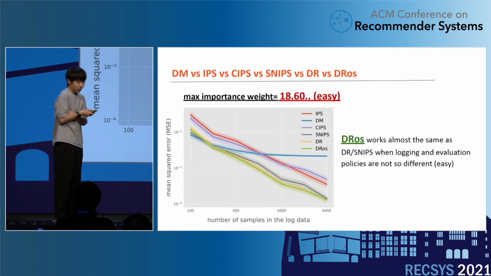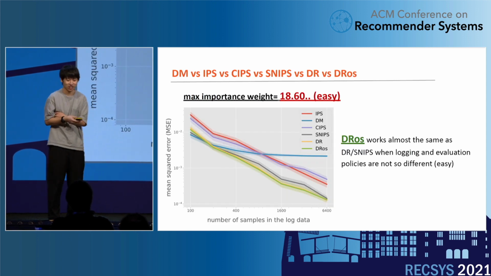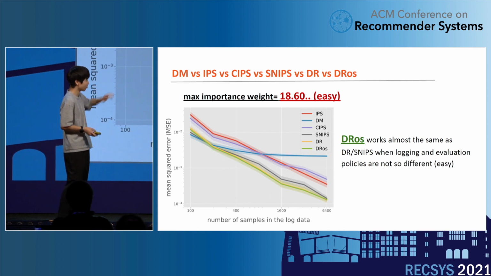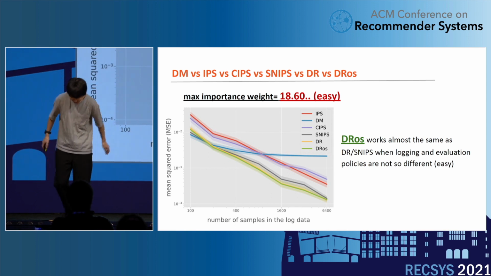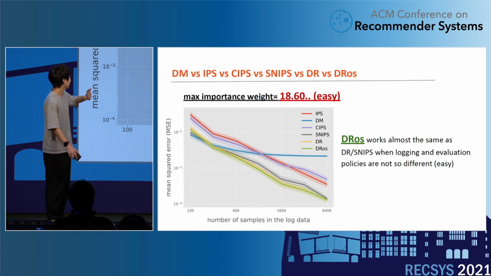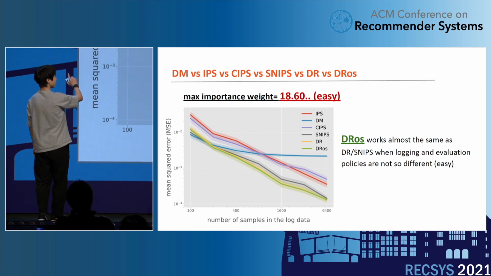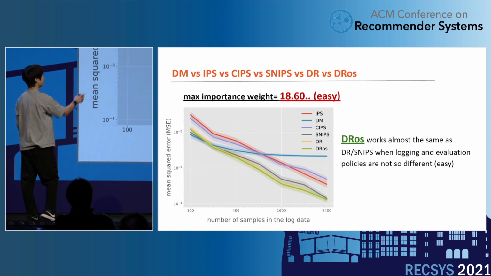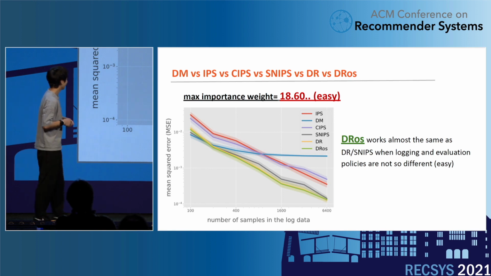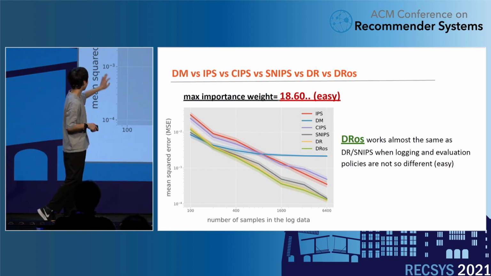So why not do some simulation again? I just additionally compare the shrinkage estimator, the most recent estimator, here, the green line. Let's look at the easy setting first, and you see that the green line, the shrinkage estimator, is clearly doing well. It works almost the same as the yellow line, the W robust, and also the SnipIPS estimator.